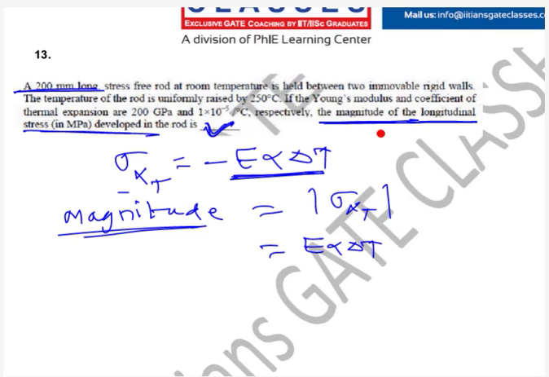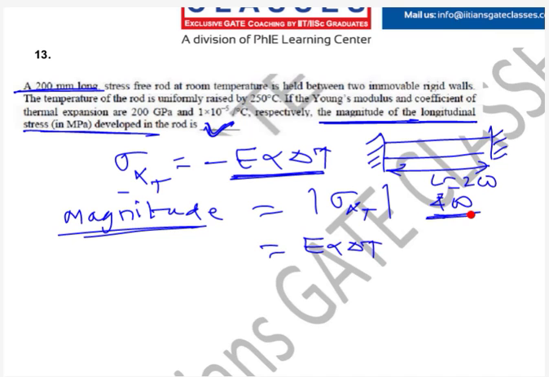Both the ends are fixed. Length is L. Even if the length is 500 or 400, your thermal stress will not change. Here it is 200.